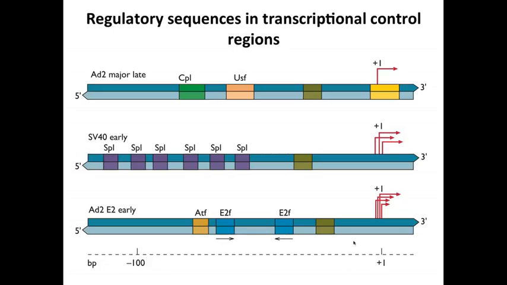And again, this is about 100 base pairs upstream of the transcription start site. So again, not only the core promoter can be different, but the more proximal regulatory sequences that constitute the entire promoter can be different as well.